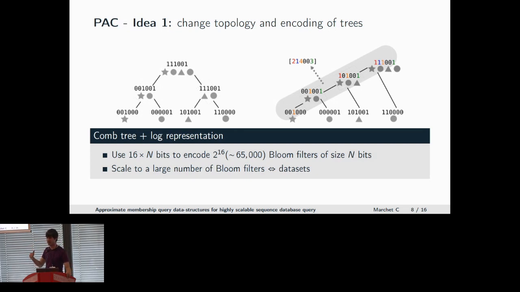which means that we are able to encode all those Bloom filters in the comb in log space. Let's say we have 65,000 Bloom filters, we are able to encode them for the price of 16, which is a pretty sweet deal. So this log space comb-tree is actually very, very inexpensive, but we are still able to use it to narrow down the search space.